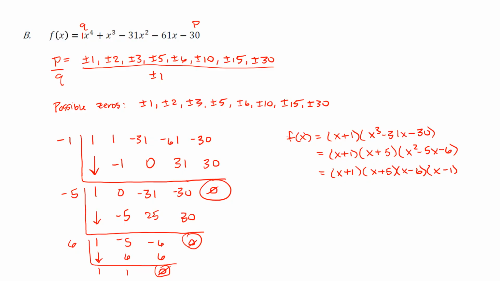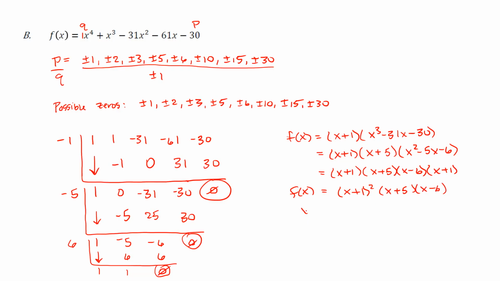Actually x plus 1, sorry, x plus 1. So we have the factored form of f of x, which is x plus 1 squared times x plus 5 times x minus 6.